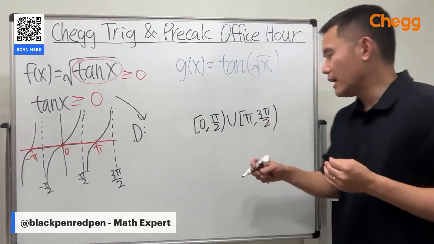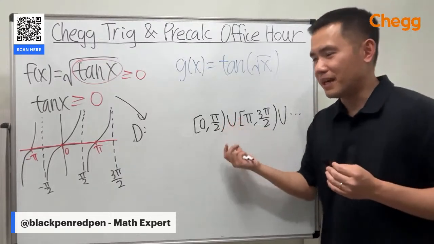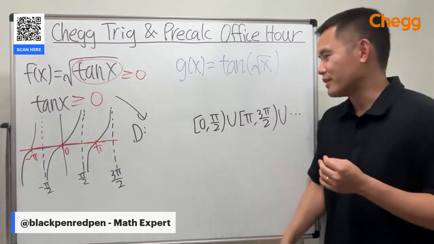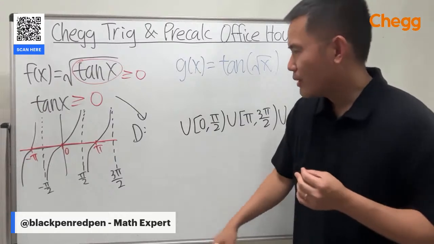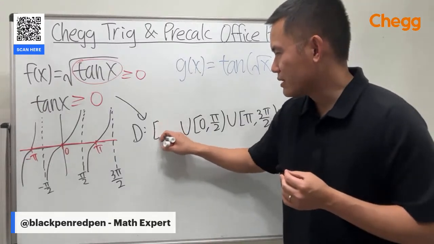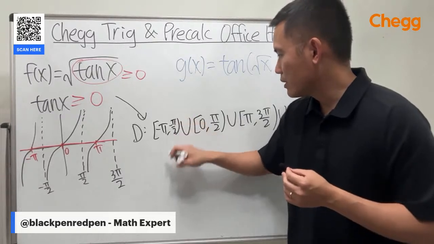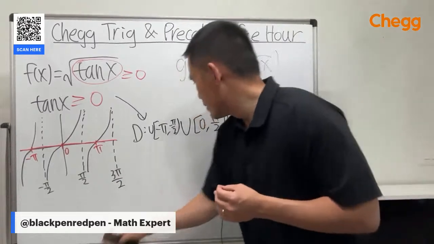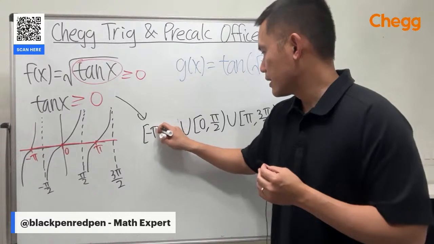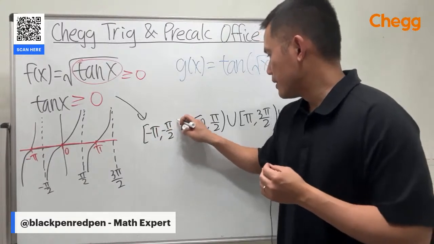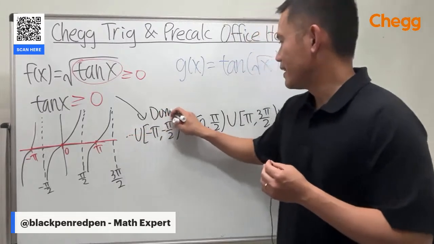And then since this has so many, I'm just going to put union and then dot, dot, dot. Hopefully the reader understands the pattern. I think that's how I'll do it because it's really not easy to write down the domain for this in an easier way. And negative pi over 2, and then so on. Dot, dot, dot. So that's the domain.